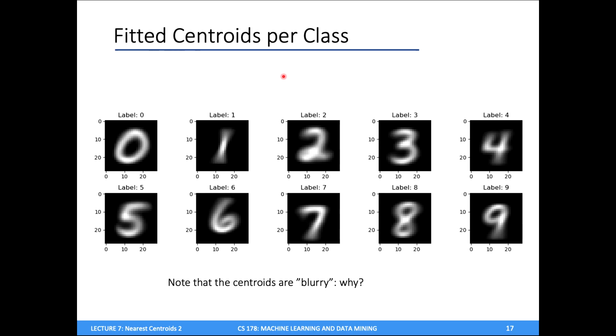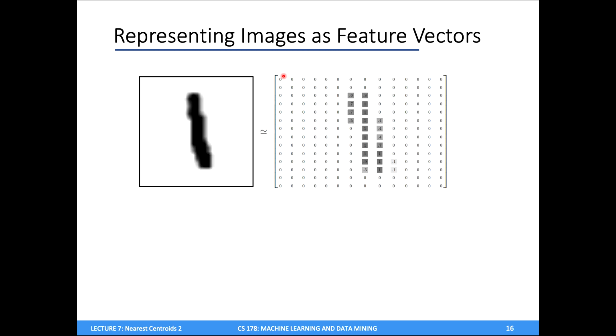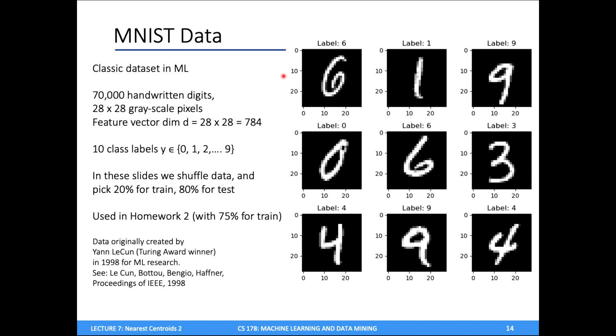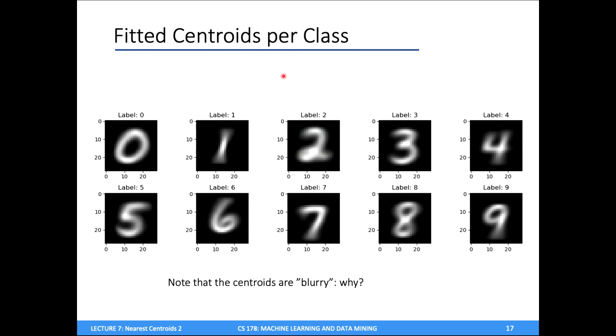So does anyone have a good guess as to why these would look like blurry digits and not clean, clear images? Yeah. Well, so are these, but these are pretty clear, yeah? I mean, relatively speaking. So if you compare these images to these ones, these are a lot blurrier.